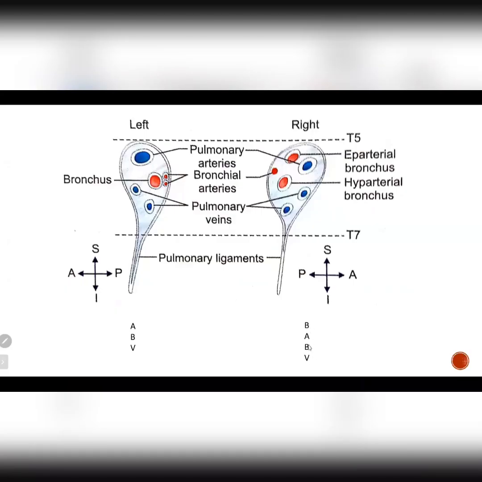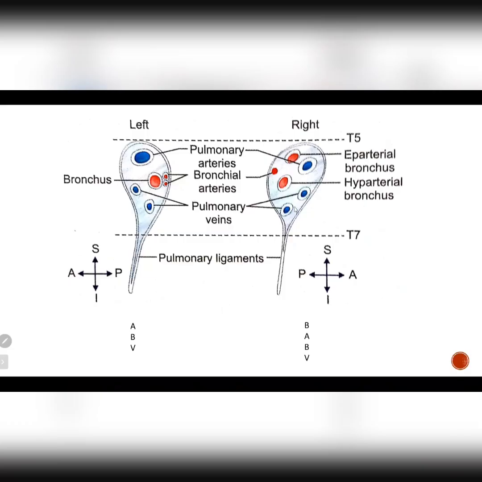B, A, B, V. So B is for eparterial bronchus, A for pulmonary artery, the next B for hyparterial bronchus, and finally V for pulmonary veins. So make sure you revise this. It's extremely important for each of you to know what are the structures at hilum of right and left lung.